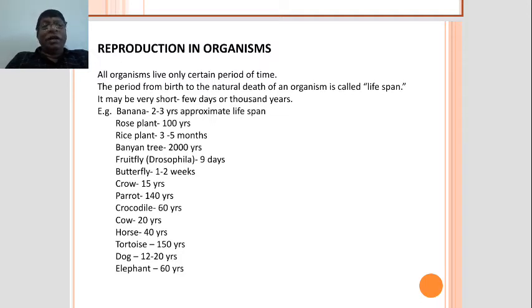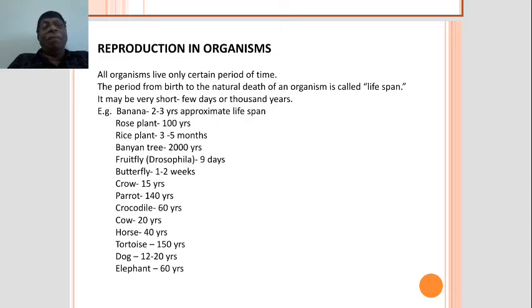Lifespan means it is the approximate age of that animal or plant. Say, for example, if a cow lives 20 years, it's not that it exactly dies at the age of 20.